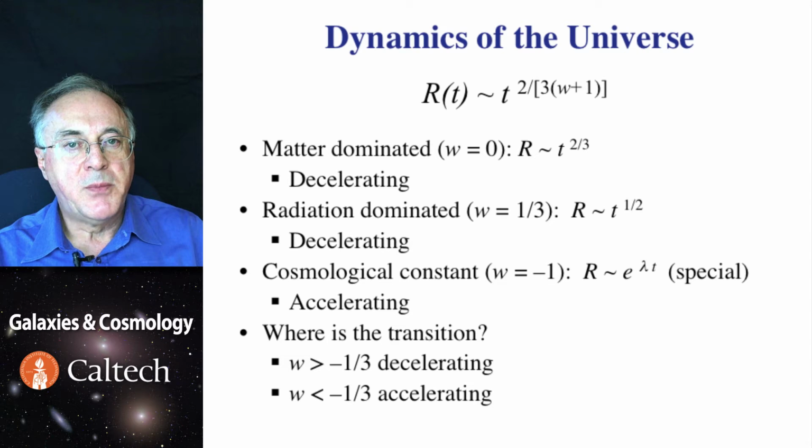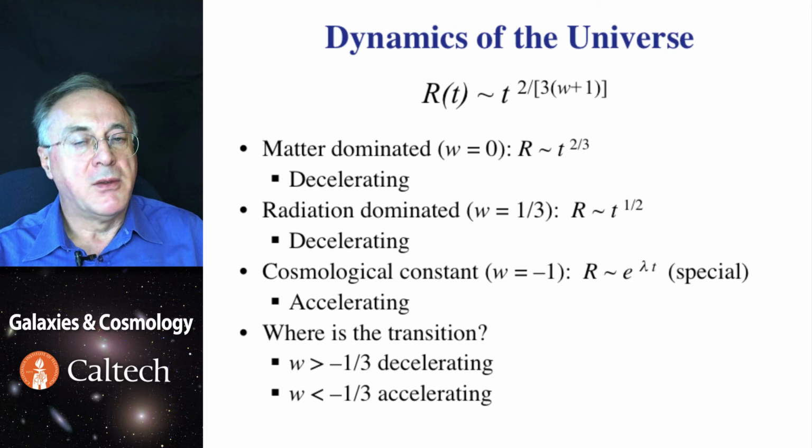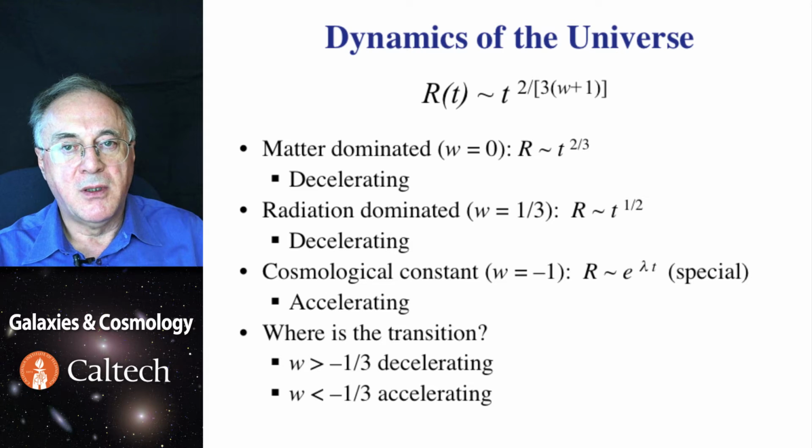So we can express the dynamics of the universe in a very general fashion here, showing how the scale factor depends on time at a certain power, which is a function of the equation of state parameter w. During the matter-dominated phase, w is 0. Remember, when we introduced the equation of state, we said that for regular matter there is no pressure, they're just test particles as far as cosmology is concerned, and the universe expands according to time to the 2/3 power.